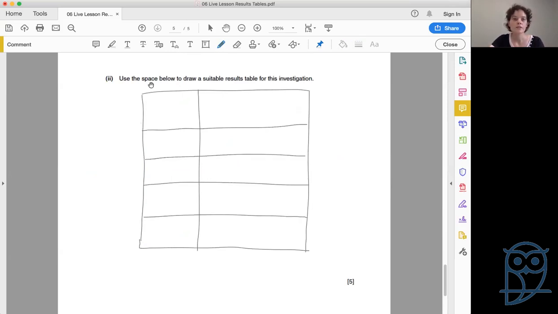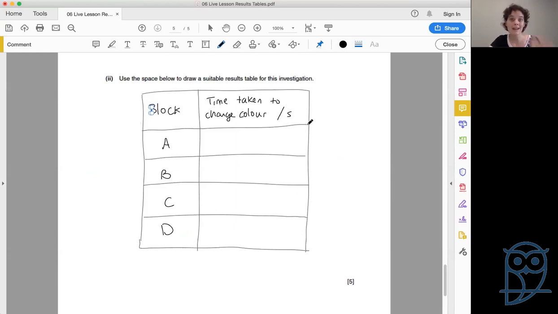Okay, in pencil, with a ruler, now we switch to our pen. This here is going to be our block. So A, B, C, D, and this is time taken to change color in seconds.